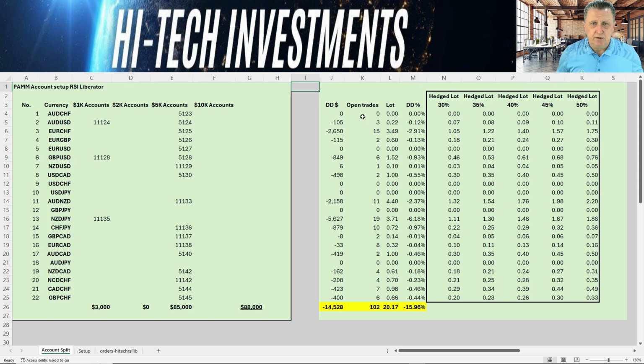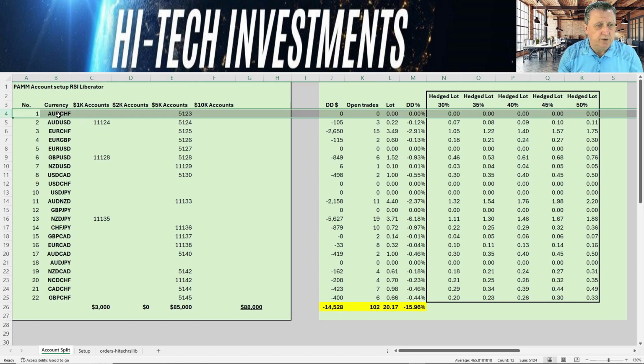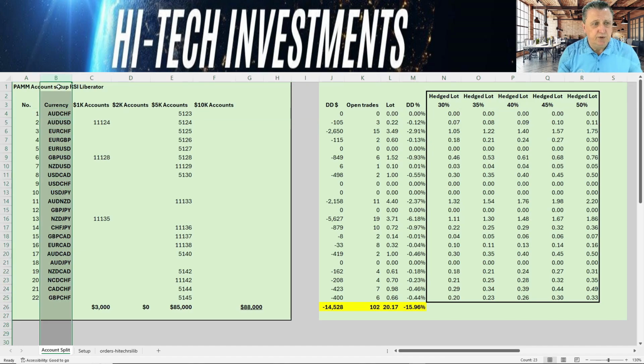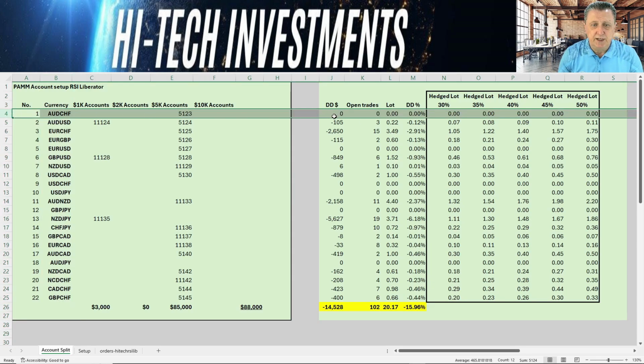Now I'm going to go through every single part, so don't get too scared of all the numbers that are here. What we are looking at the moment is we have currency pairs on this particular side over here. You can see there are 22 different ones. These are also the ones that are showing up on our website. And then on the other side over here, we have put in the numbers that I showed you before.